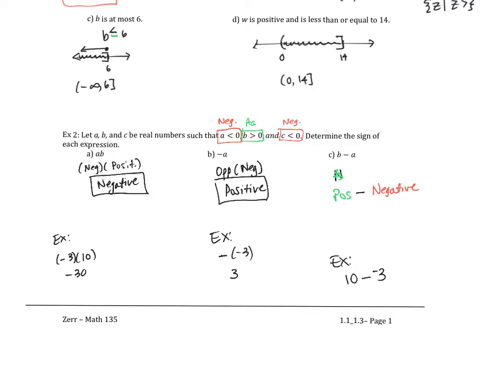And that's just this idea that we have here. Minus a negative is the same thing as the opposite of a negative. So that would end up being positive plus the opposite of negative, which is positive plus positive. So the whole thing is positive.